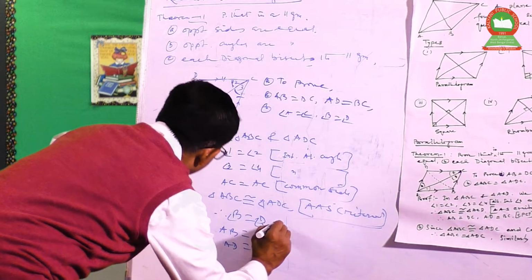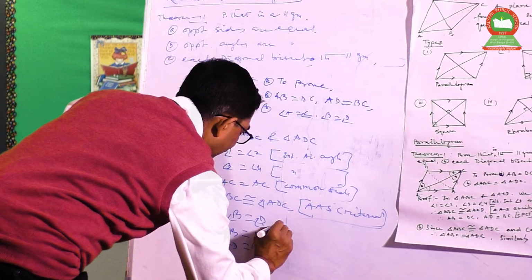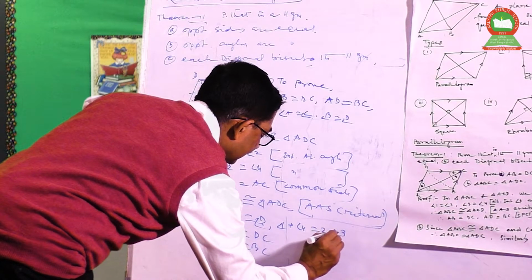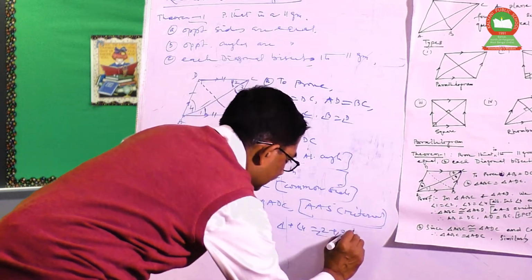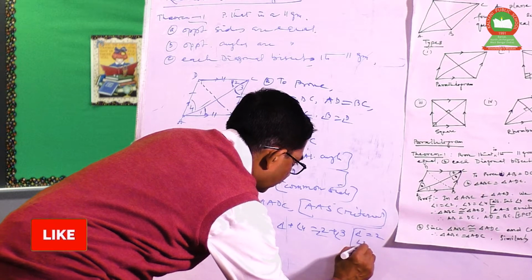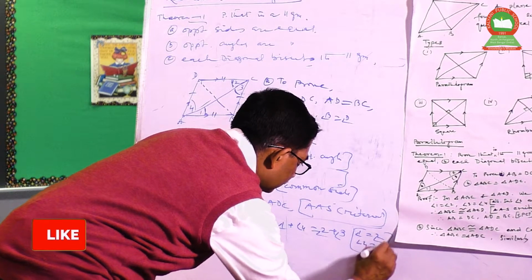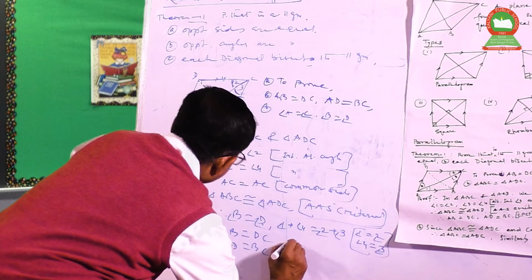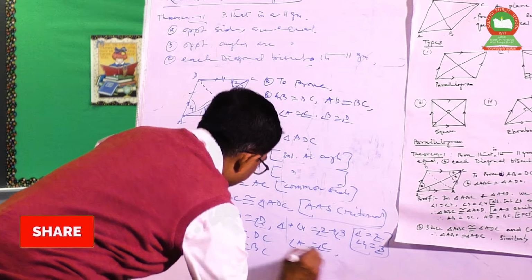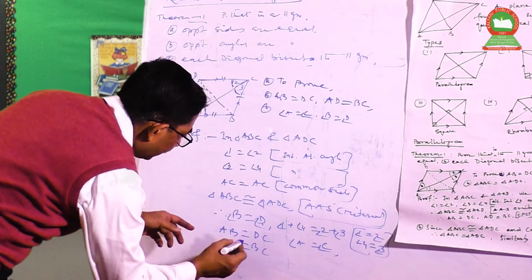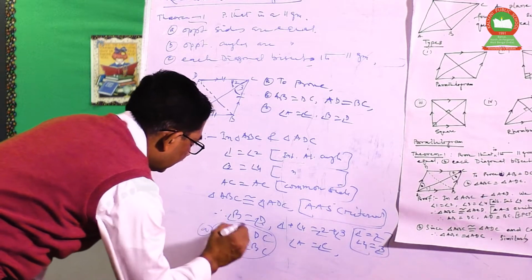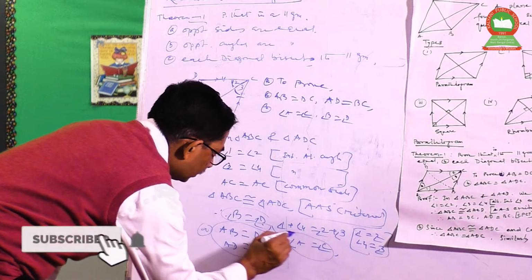And as angle 1 plus angle 4 equals angle 2 plus angle 3, because angle 1 equals angle 2 and angle 4 equals angle 3, so angle A equals angle C. So we got that opposite sides are equal, and opposite angles are also equal.